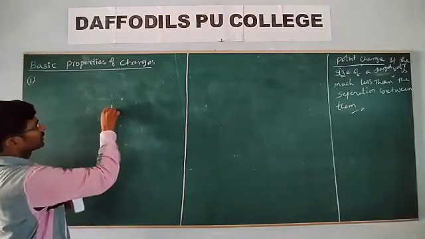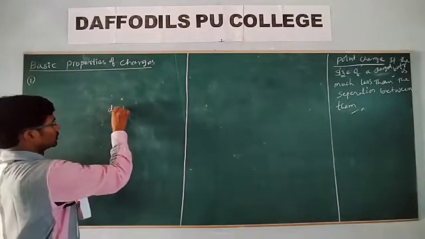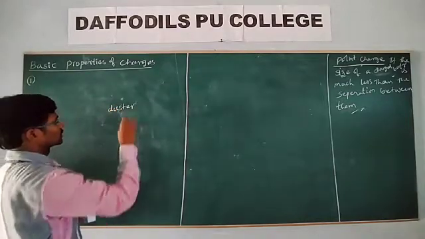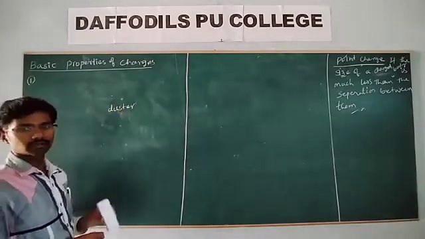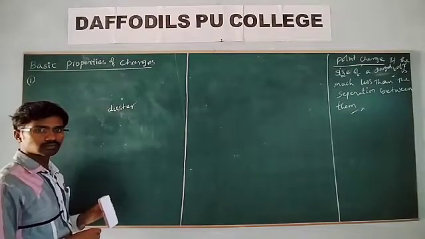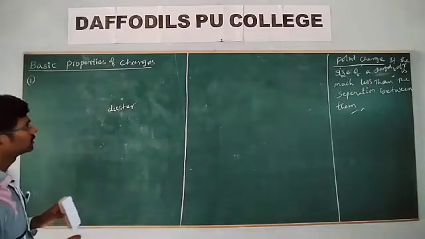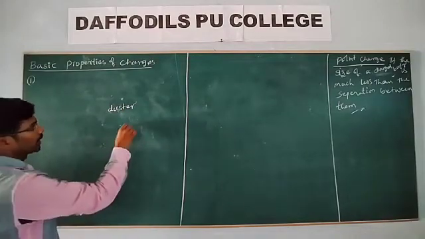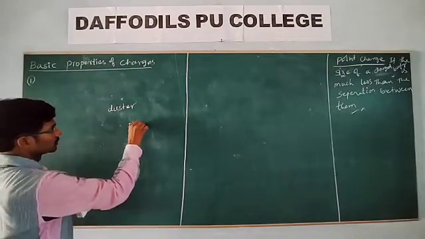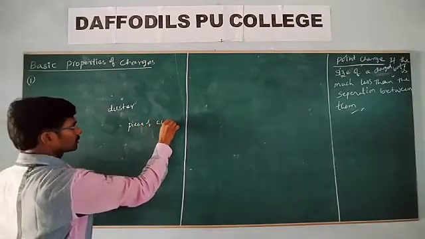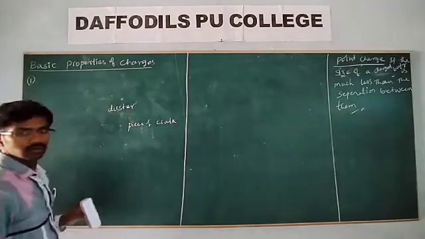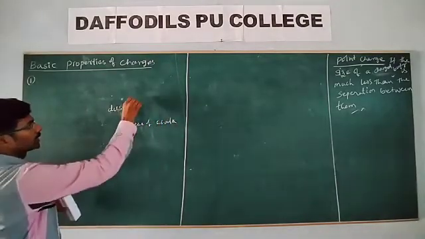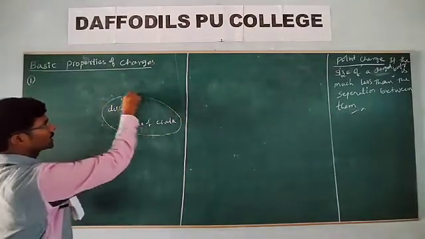Now let me take a simple example of whatever I said. Here we have a duster, and a piece of chalk, and I have taken these two as a system.